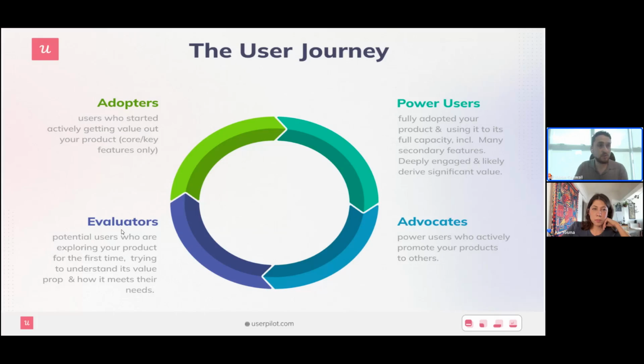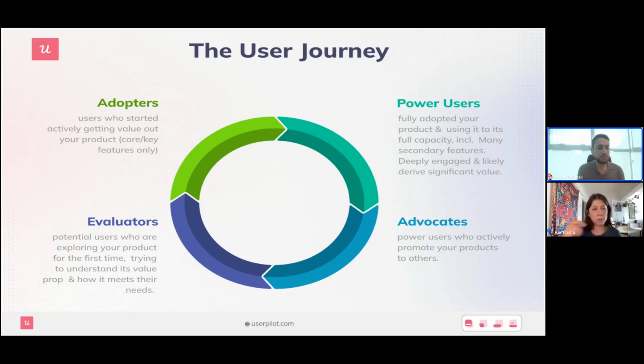Okay, talking very quickly about the user journey. The first phase is the evaluators. They hear about your brand, they come in, they understand the value, but they haven't really got the value out of the product yet. You want to push them to user activation. User activation is the moment where you start getting value out of the product, and we call these the adopters.